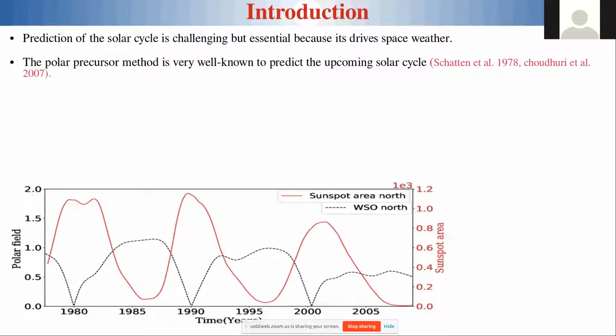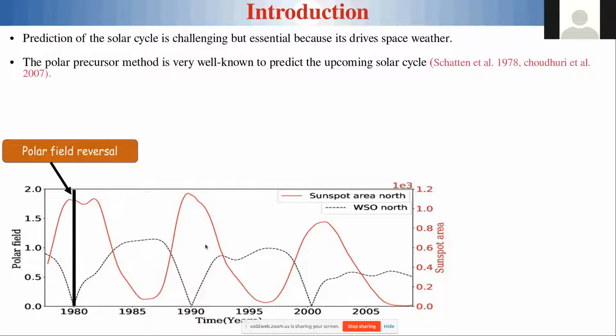Here we show a plot of the variation with time of sunspot number and the polar field of the Sun. From this figure, we can see that when the cycle peak attains maxima, the polar field at about that time attains minima.